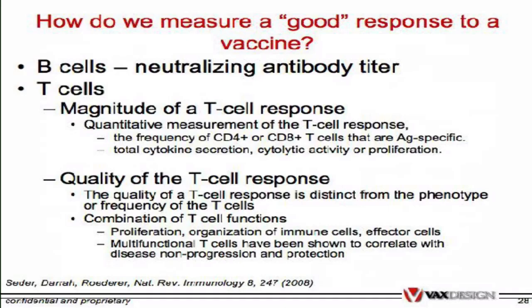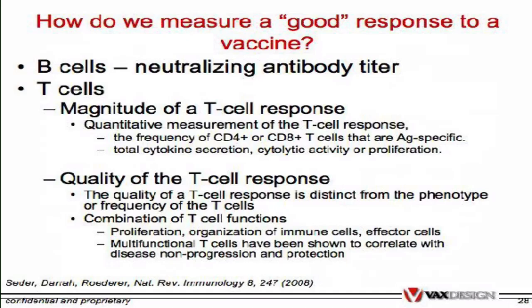Of course, CD8 positive T cells are killer cells, and we can look at their effect as well. We definitely examine cytokine secretion because cytokines give us an indication of the degree of inflammatory response that these cells are being called to act upon.